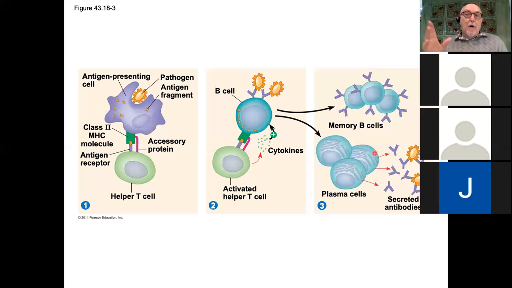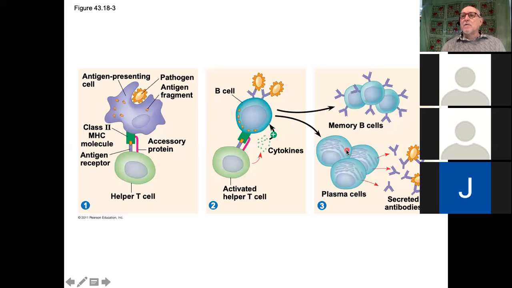But the other population are equally important, and these are the memory B cells. They are B cells which carry exactly the same receptor, but they are very long-lived. There's a lot we don't understand about memory cells, but we do know that they are very long-lived compared to all of the others.